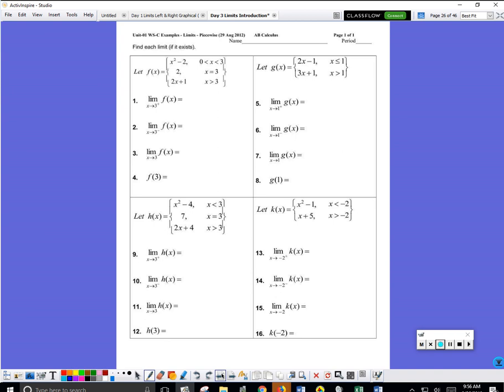Oh yeah, it has to be a discontinuity. So it's the right and the left limits don't match. Yeah. Now the next one is the last.